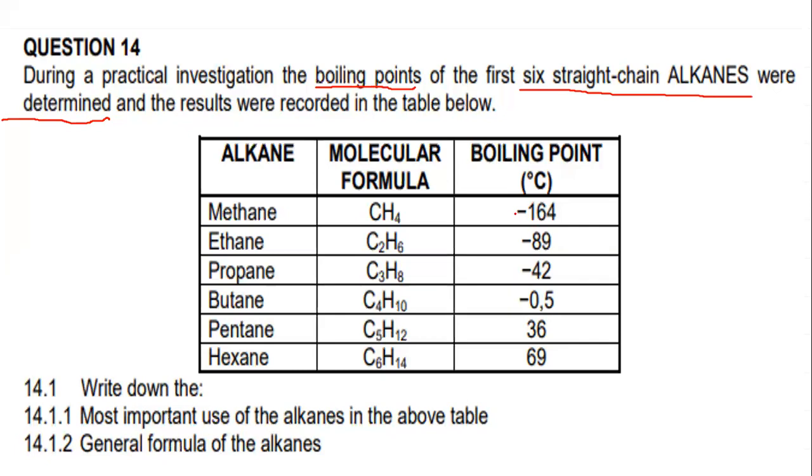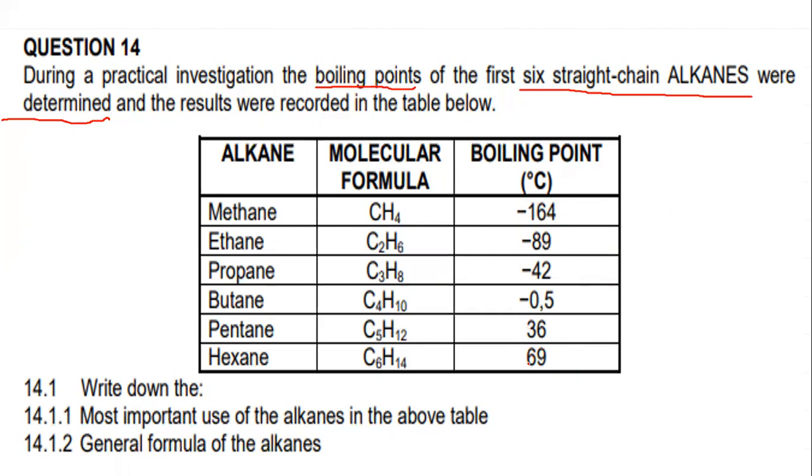So if I see negative 164, I know that that is a very small value. But when I see a positive 69, I know that it is not necessarily very large, but it is actually larger than negative 164.